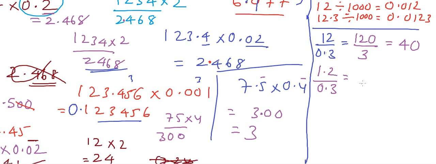Same, you concentrate on making the denominator a whole number. We need not bother about the numerator. Again, you need to multiply both by 10. The numerator when multiplied by 10, the point shifts one place to the right, so 1.2 will become 12. The denominator becomes 3, and 12 by 3 is 4.